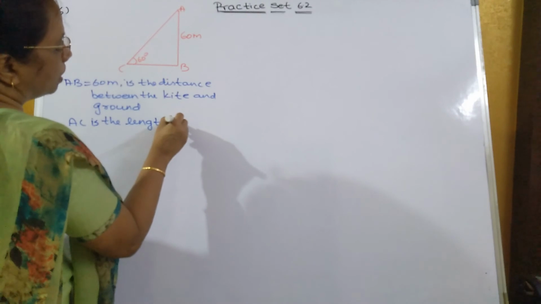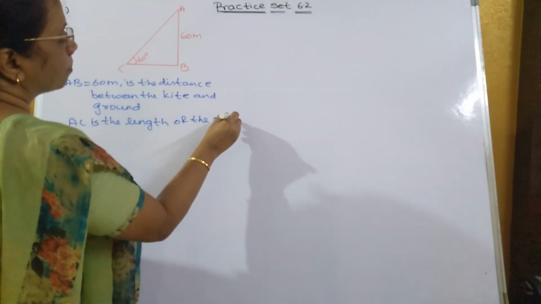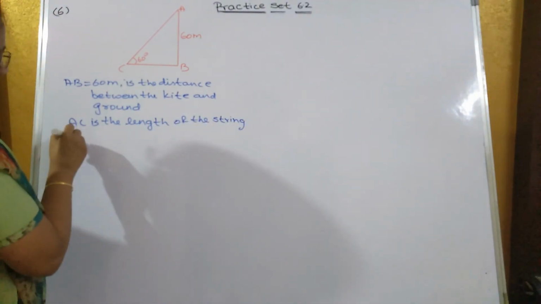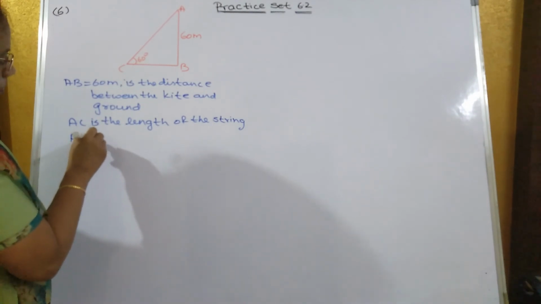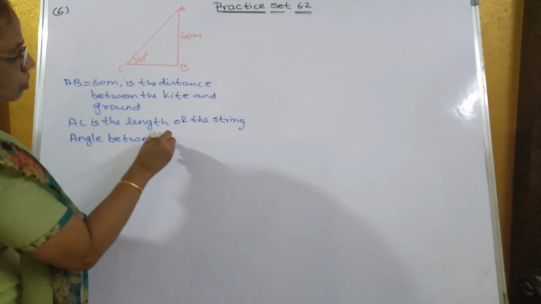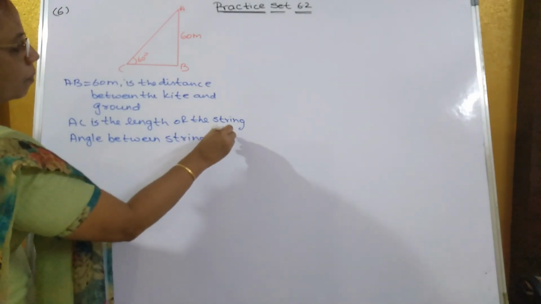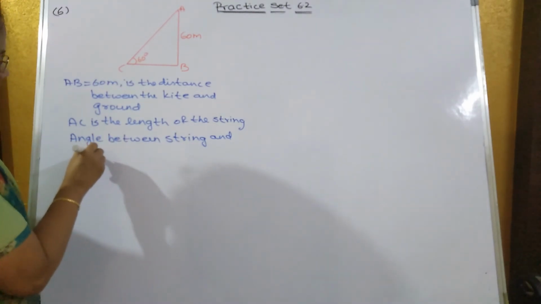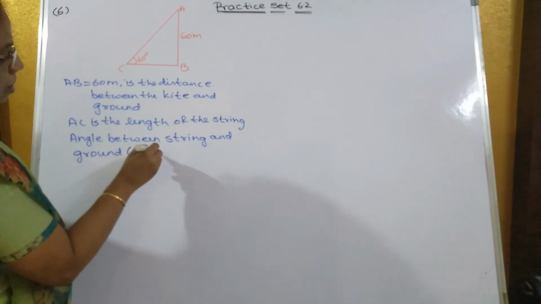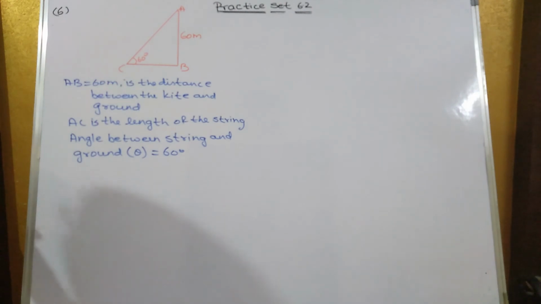The angle between the string and the ground is theta, that's equal to 60 degree. We have to find out AC.